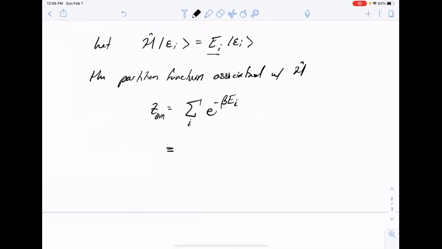I could revise the statement of the partition function by rewriting that weighted sum of Boltzmann factors as a weighted sum of a Boltzmann operator, that is, e to the minus beta times the Hamiltonian, acting on its eigenfunction, like so.